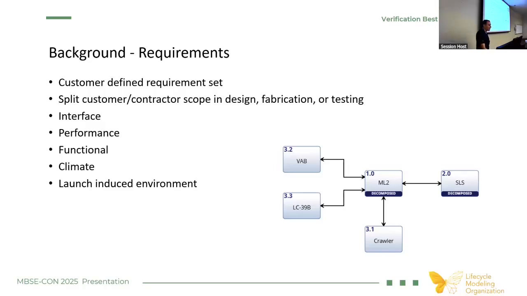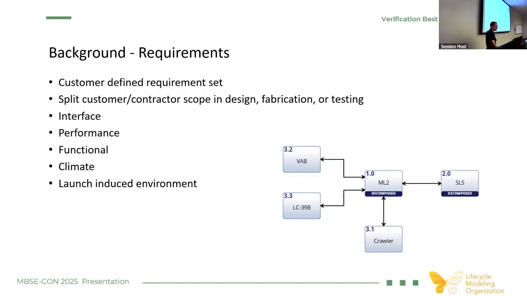All those functions, all those performance characteristics have to be met in what I would call some unique climate and environmental limitations. So first off, you have a metal structure that's sitting out on the Space Coast and very susceptible to corrosion and other unique environmental conditions that are present out there.